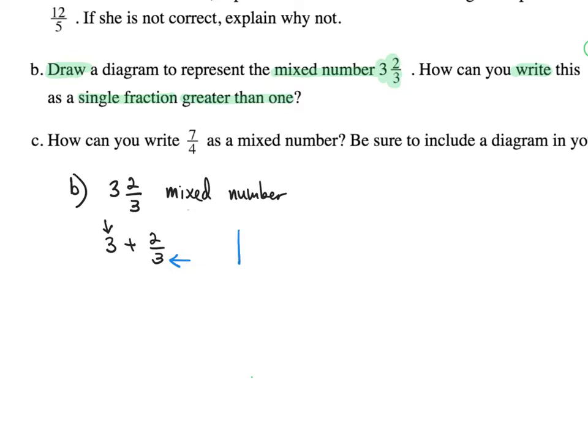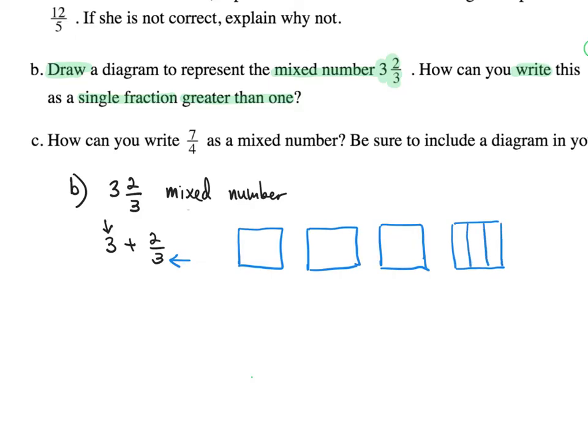So as I'm drawing one whole, second whole number, third whole number, and then I have 2 out of 3. So I'm gonna actually have another whole number, and I have to divide it in 3 parts and only shade 2 of them. So 2 are given.